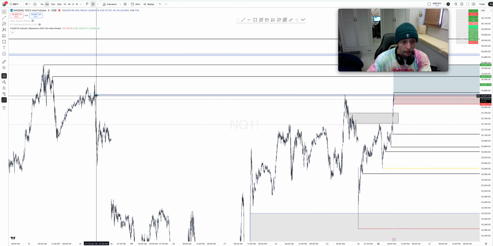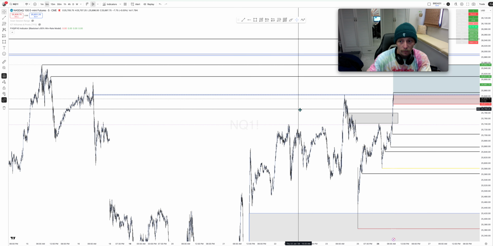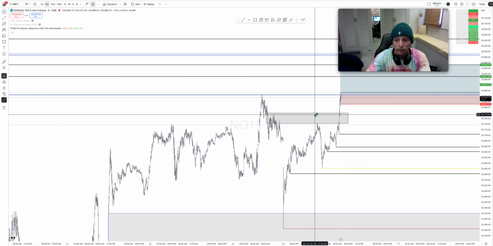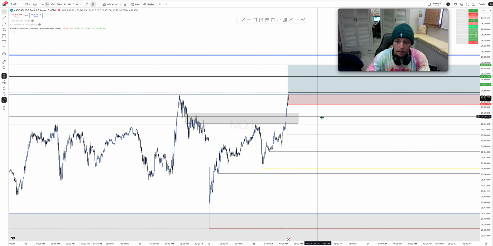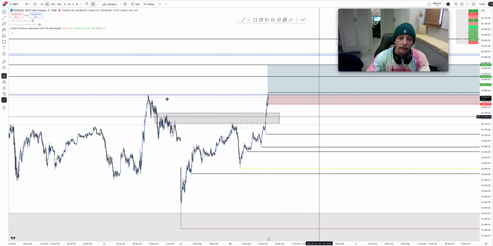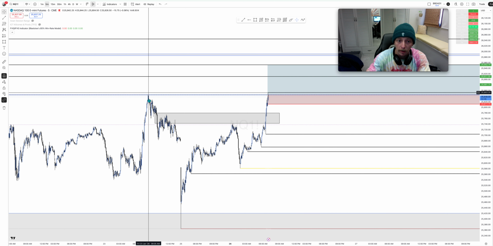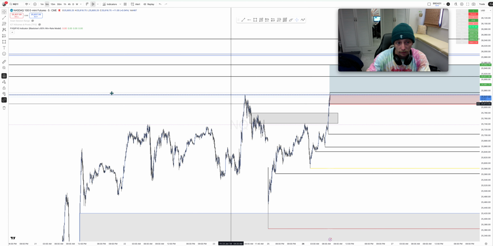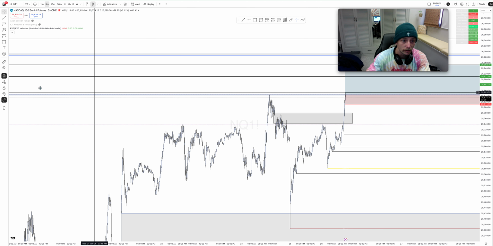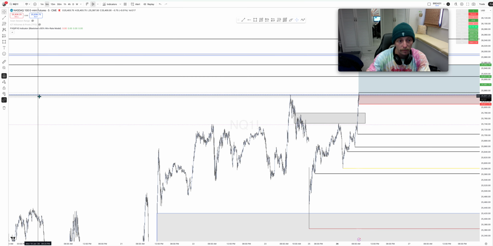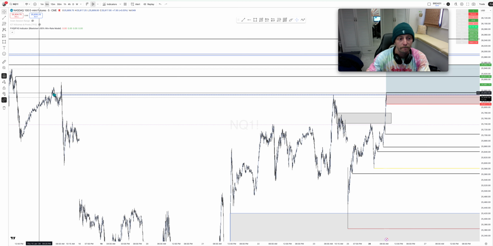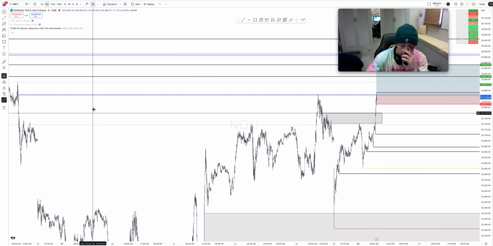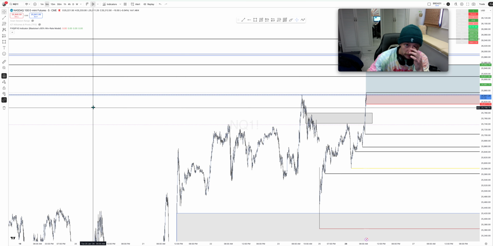So right here there'd be a 5-minute gap, and technically it's showing us a long, but again, you've got to consider whether this is going to be a market structure shift or a continuation higher based on the draws over here, which maybe will go higher. But that was the trade I took today.